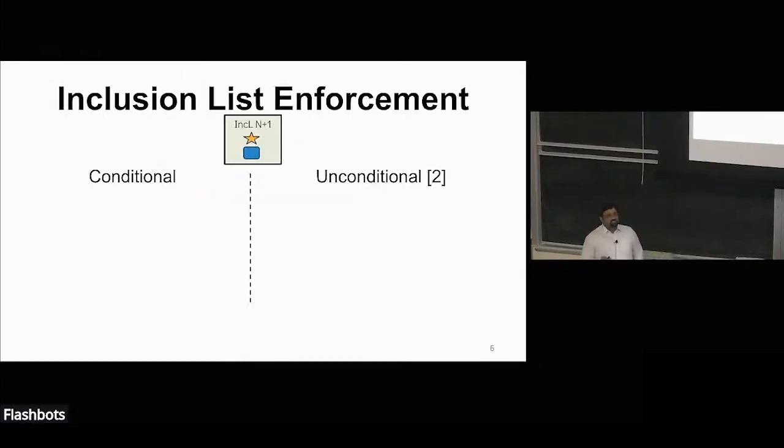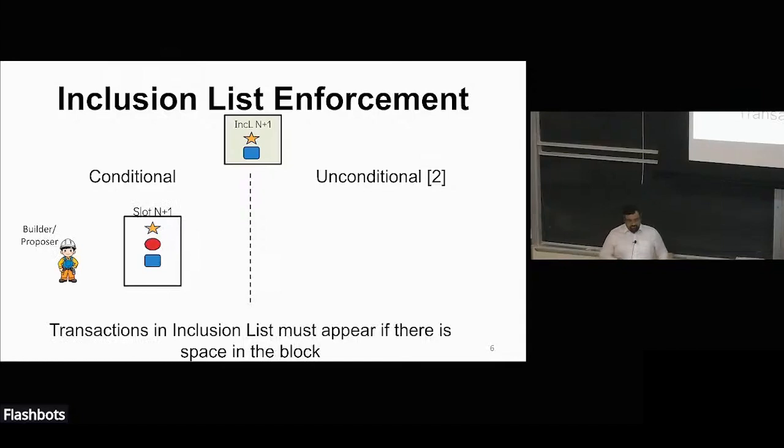That is dependent on the enforcement model of an inclusion list. It can be a conditional inclusion list, which is the regular inclusion list currently in FOCIL, which today went into a confirmed update for the next Ethereum update. So congrats to that. In general, the transactions in an inclusion list must appear if there is space in the block.